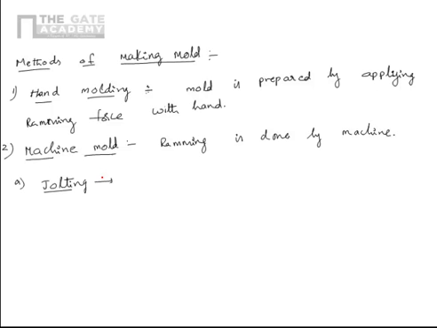The disadvantage is that the top of the molding sand will be loose sand, so we get non-uniform ramming, and only at the bottom we get good ramming. This is the problem here. This is a mold box where you see the cavity. This is the molding sand.